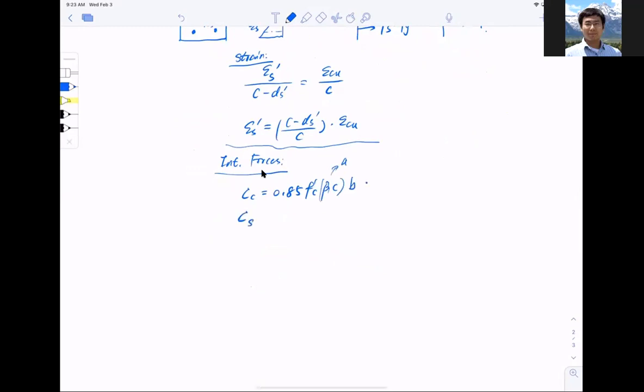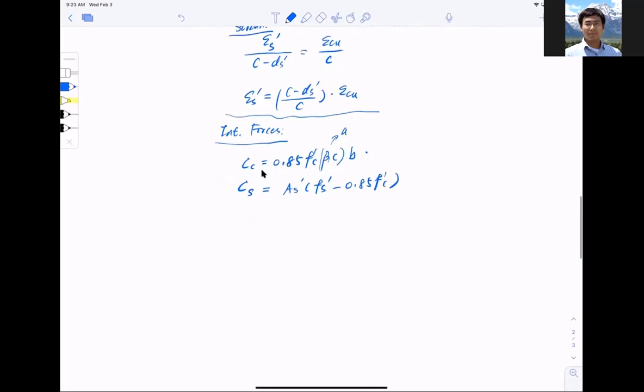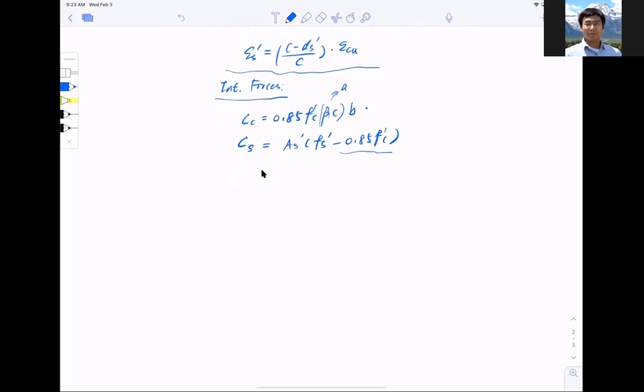For steel, CS equals AS prime multiplied by F S prime minus 0.85 F prime C. Remember, you talk about subtracting the concrete displaced by the reinforcement. This is the only place you subtract the concrete, you do it here.